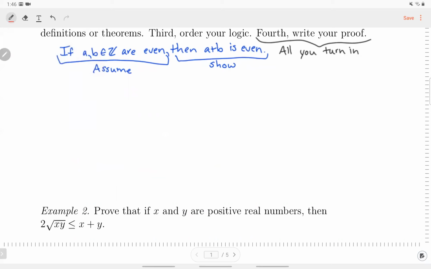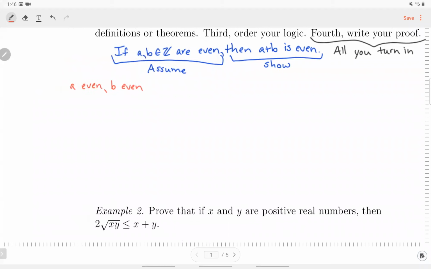All right, so if I'm going to assume A and B are even, this is my scratch work, I look back at my definition. What's it mean to be even? Well, that means there exists a k in the integers where a is 2k, and there exists an L in the integers where b is 2L.